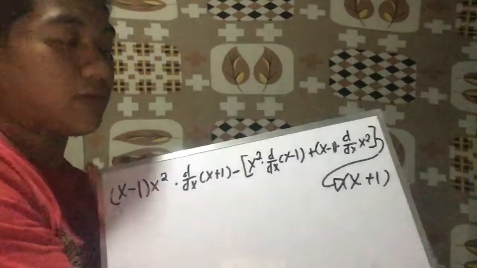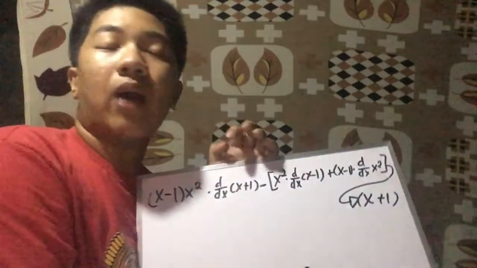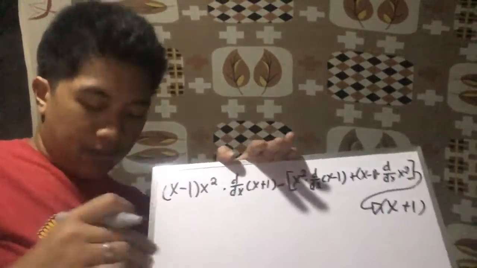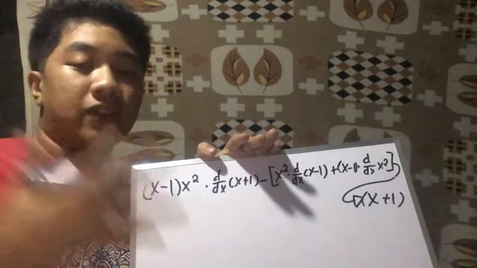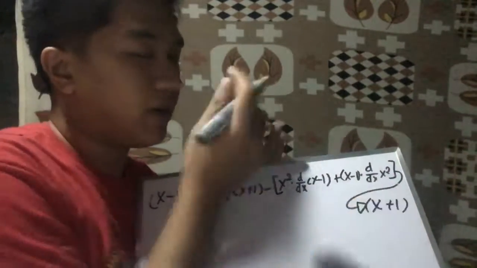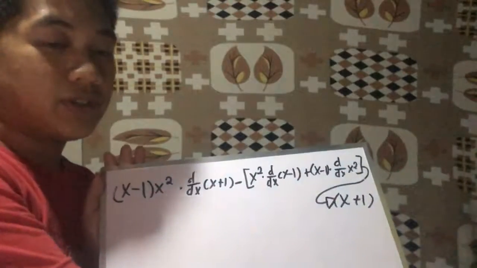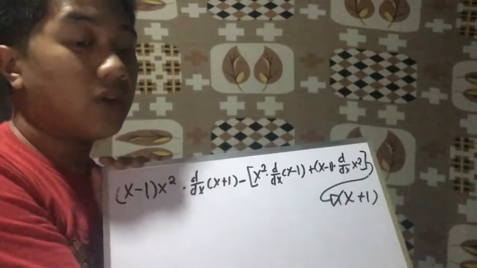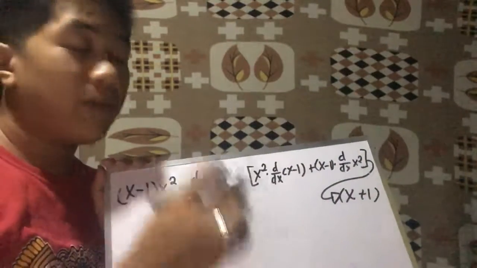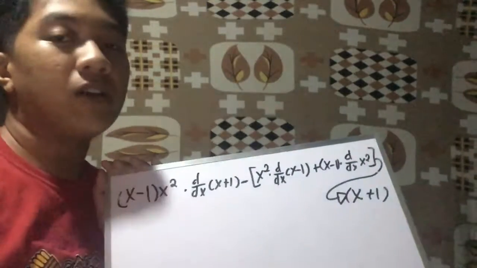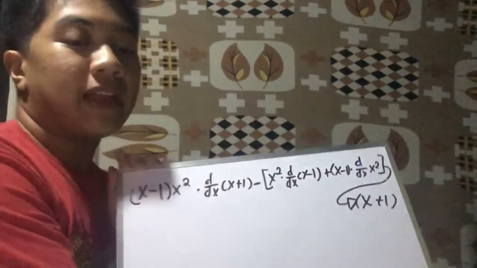Okay, so that is quite long. For now, we are not going to add the denominator yet to avoid any confusion for all listeners. So after that, we are going to simplify. We're going to simplify all the derivatives that you can see.